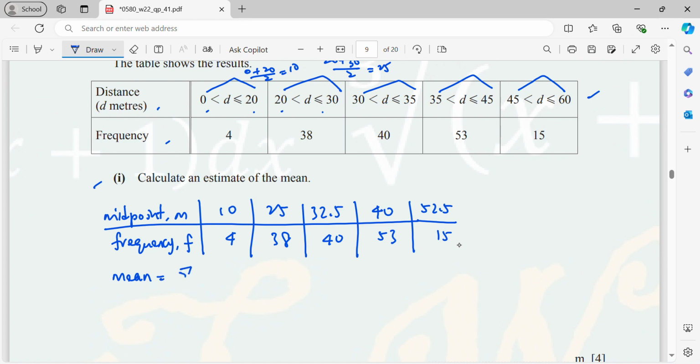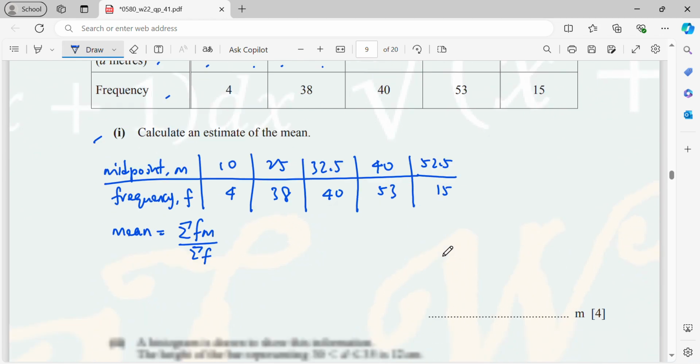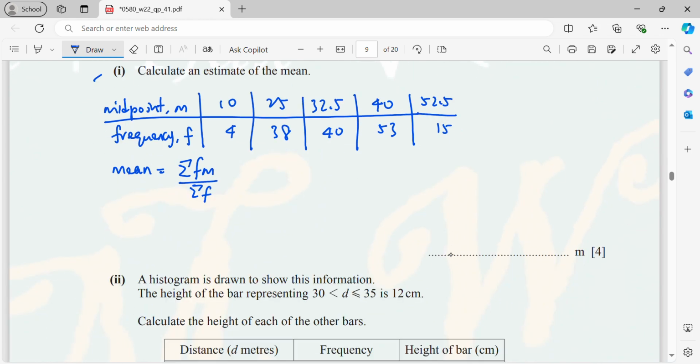So now the mean is calculated using summation fm over summation f. Summation fm means you multiply the f together with the m before you get the total. That means here is going to be 10 times 4 plus 25 times 38 plus 32.5 times 40 plus 40 times 53 plus 52.5 times 15.